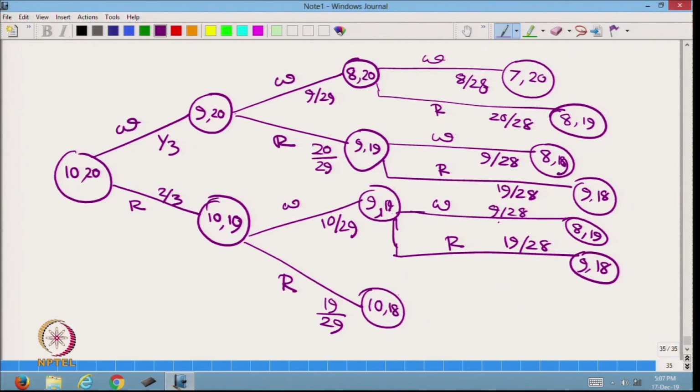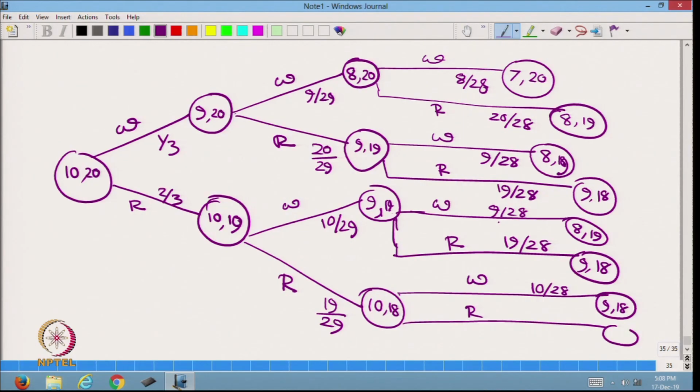And similarly, from here, if it is a white, then the configuration is 9,18, and that probability is 10/28, and similarly for red, it is going to be 10,17, and that probability is 18/28. So, this is the picture.